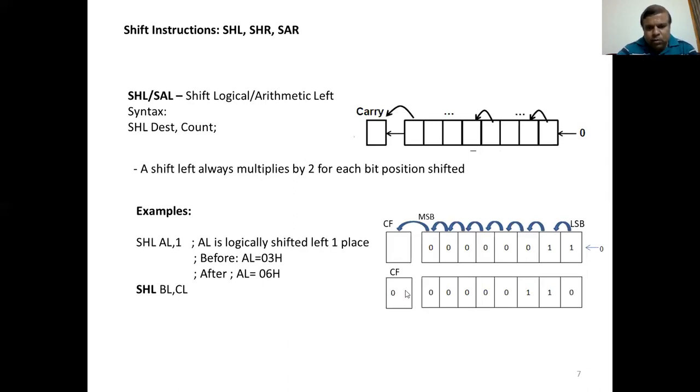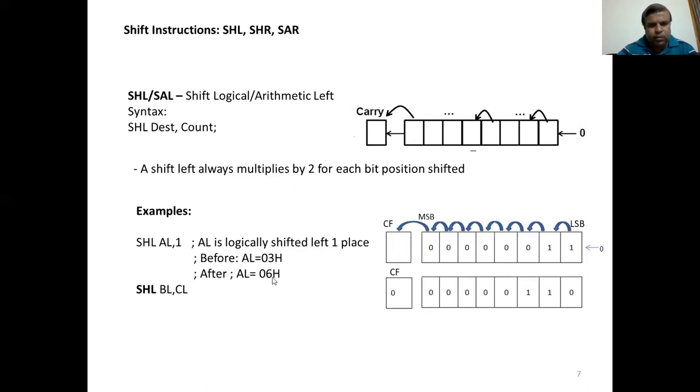What is the result of executing this instruction? Group 4 bits and form a hexadecimal number: 0000 is 0, 0110 is 6. So after the execution of this instruction, AL contains 06H. If you observe the result, it is equivalent to multiplying the number by 2. 03 multiplied by 2 gives 6.